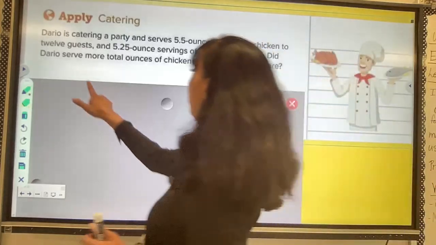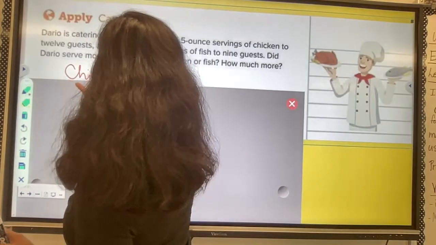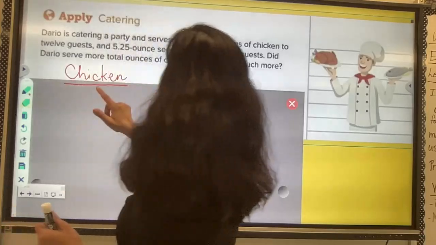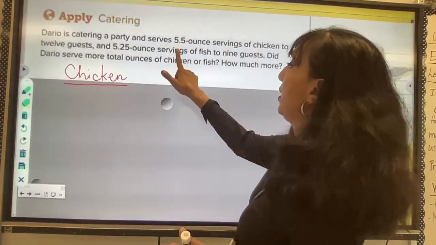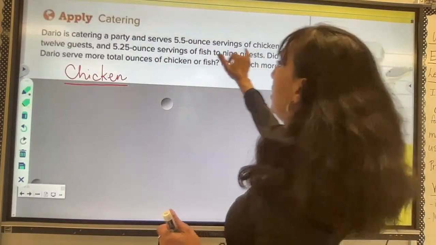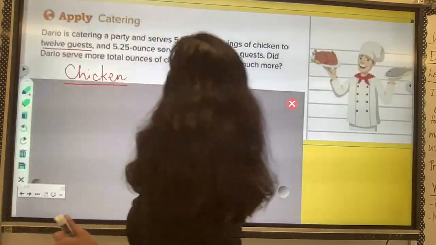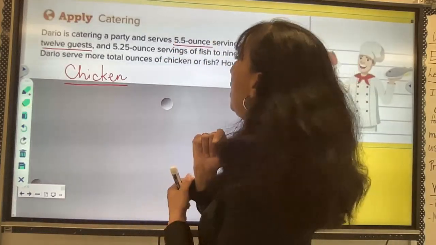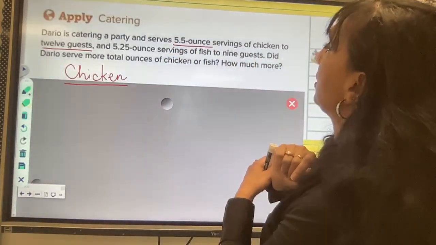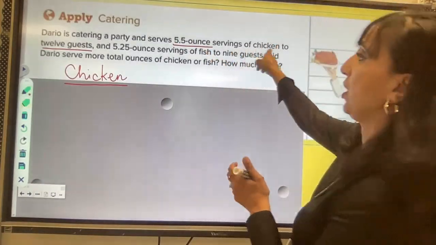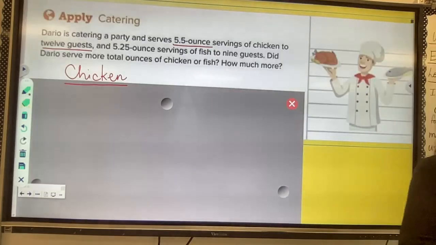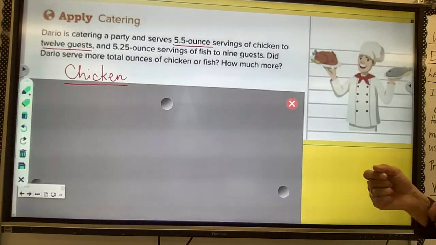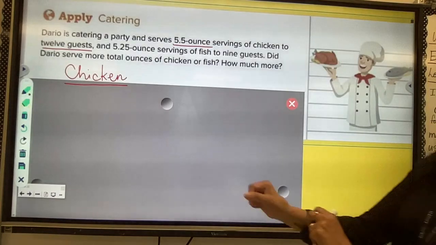And for the first one, which is chicken, we need to know the total amount. So we are going to say how many guests were there? There were 12 guests, and this is per person, right? No, it's catering a party, serves 5 5/10 ounces of chicken to 12 guests. All right. So how much is the total ounces of chicken or fish? So here we go.